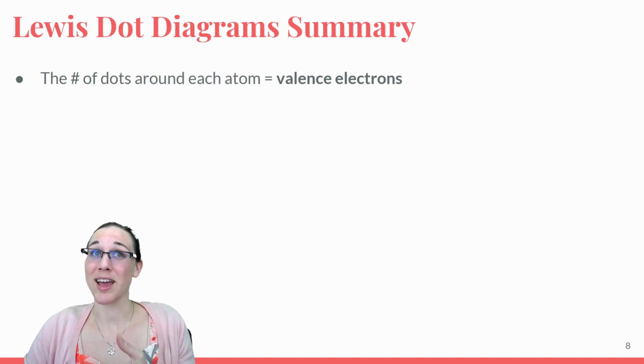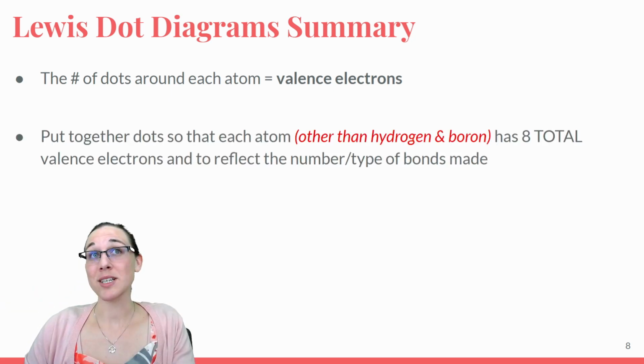That's a much quicker way of figuring out what the valence is. You're going to put together any lonely dots to each atom so that each atom has 8 total valence electrons from its perspective because it wants an octet, other than hydrogen and boron because they want less, and sulfur and phosphorus could want more.